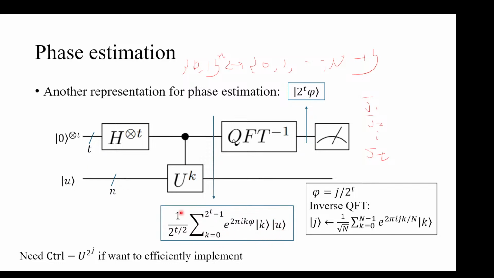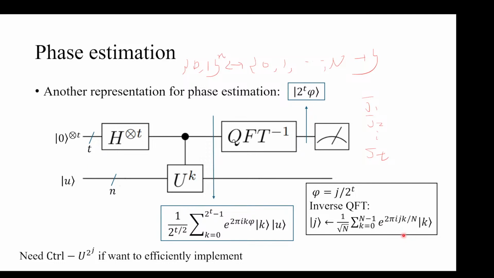Okay, and here you see this is a more straightforward expression of why the circuit was the Fourier transform, because this is exactly, on the first qubit, the Fourier transform of phi times 2 to the t. And then after you apply inverse Fourier transform, you are just going to get this j, that's phi times 2 to the t.